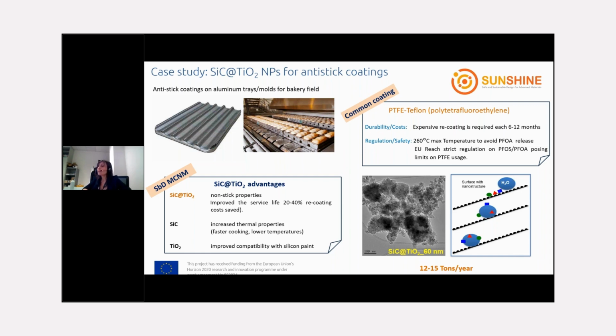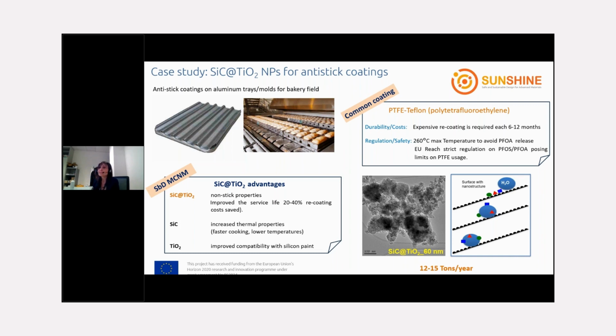The Laurentia company proposed, to overcome these problems, a safety by design multi-component nanomaterial alternative based on silicon carbide core and titanium shell. This material has been selected also due to the very good anti-stick properties that it is able to provide.